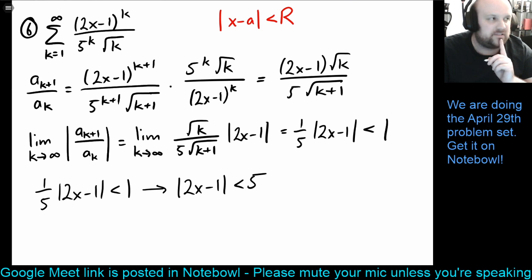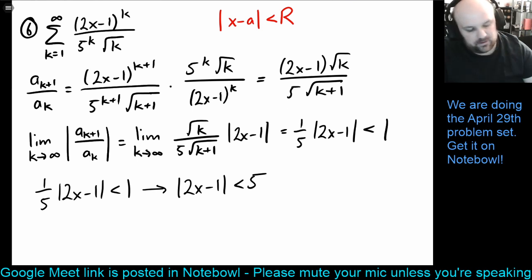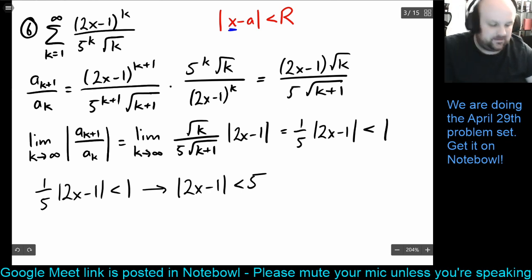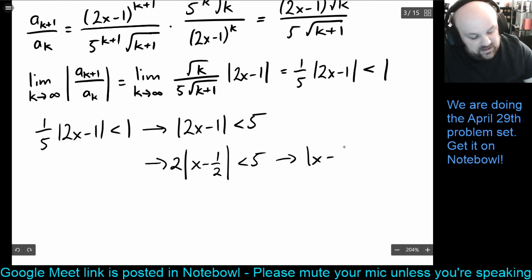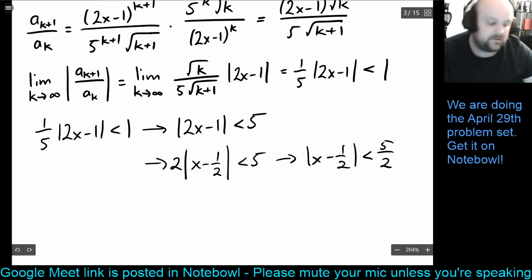So, no, the answer is we're not. We need to get this x here by itself. The way we do that is factor a 2 out of this whole thing here, so we get 2 times absolute value of x minus 1/2 less than 5, which gives us that absolute value of x minus 1/2 is less than 5/2.